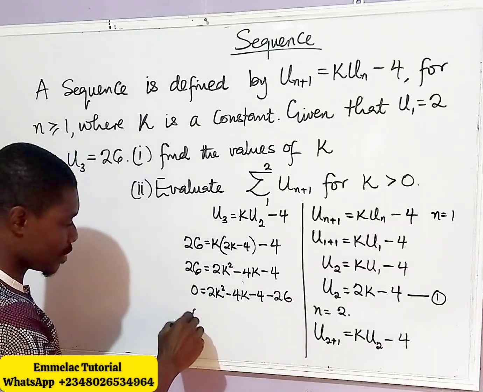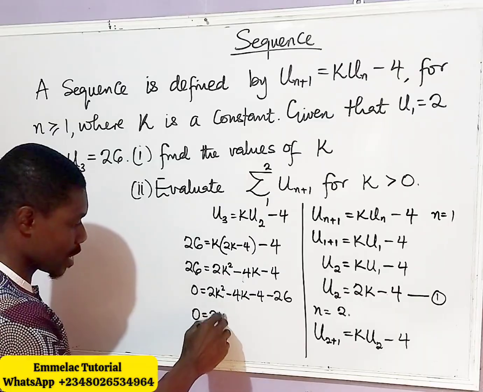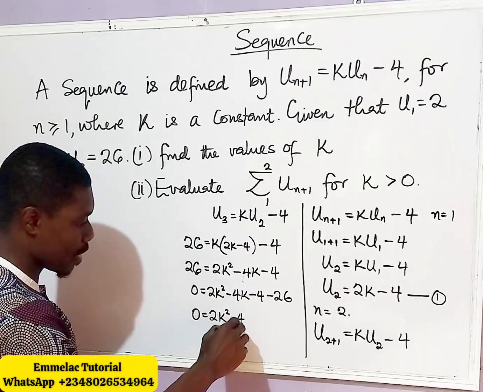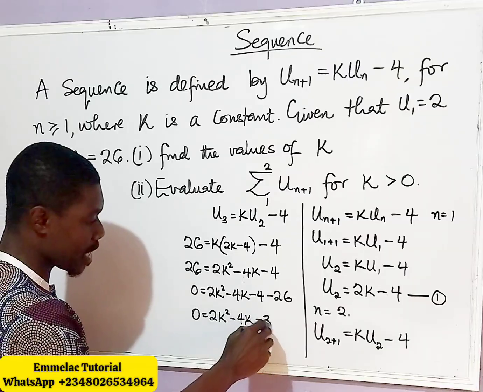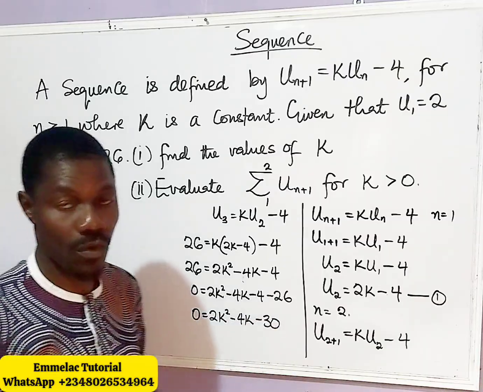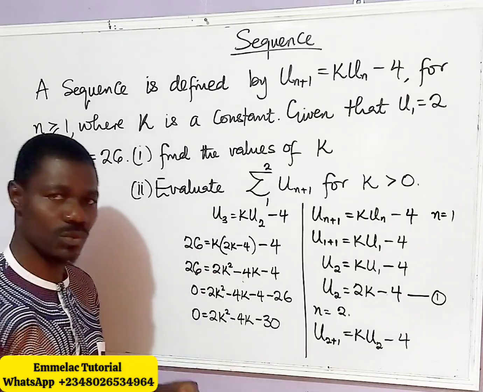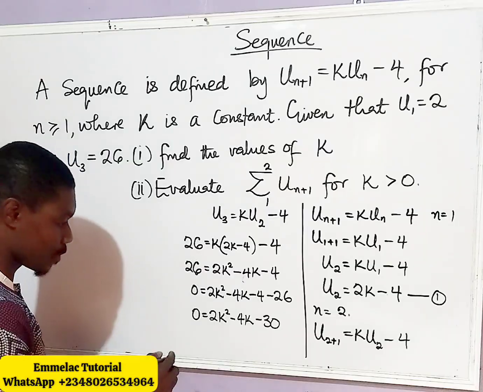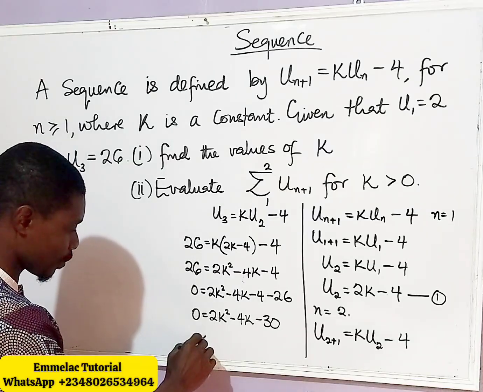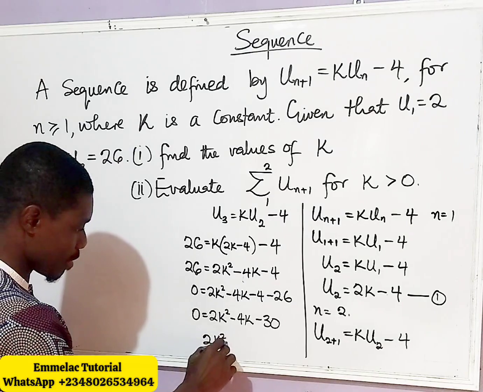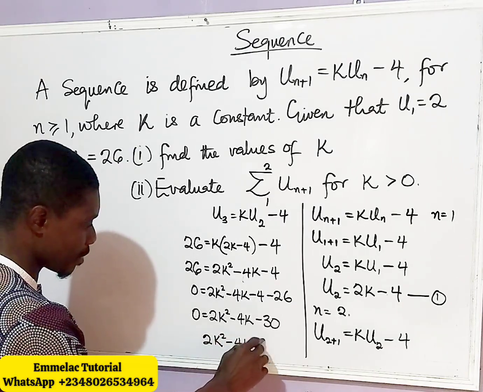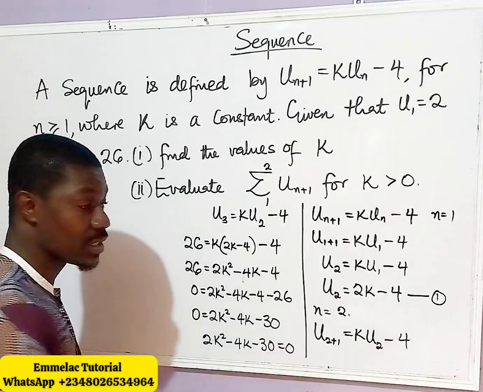This gives us 0 equals 2k squared minus 4k minus 30, because minus 4 minus 26 gives minus 30. Let us rearrange this so it looks clearer: 2k squared minus 4k minus 30 equals 0.